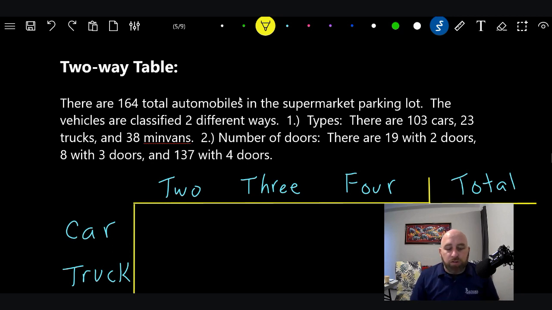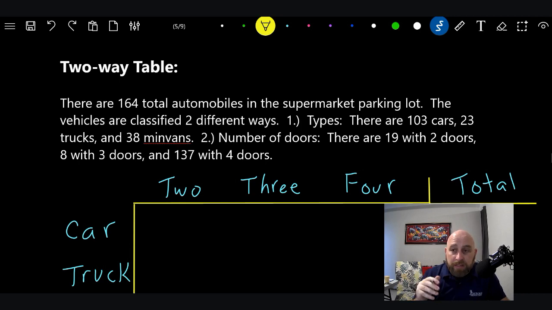All right, here's a two-way table, and this problem is on page 513. A two-way table is really exactly what it sounds like. It's two ways, and it's a table. Not a table like you eat food on, a dining room table or a kitchen table, okay? A table like something in your book, full of information.